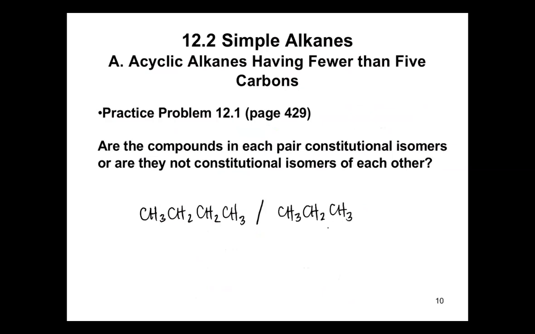So yung molecular formula nito is C4, and then how many hydrogen atoms? You have 10. Okay? And then the other one, you have 3 carbon atoms and then 8 hydrogens, C3H8. Okay? So these are not constitutional isomers. Okay? Kasi hindi sila same ng molecular formula.